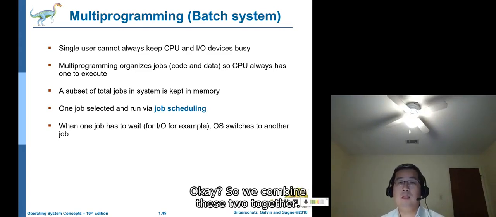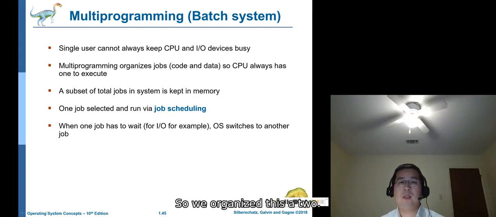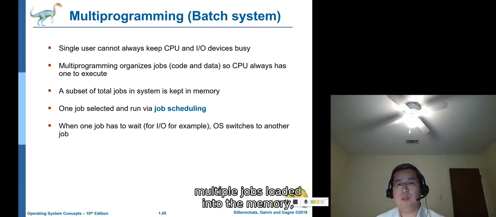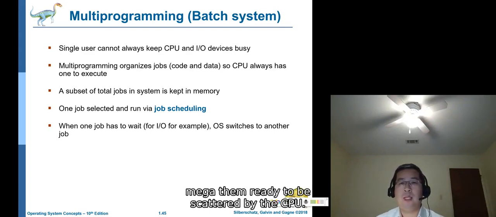Okay. So we combine these two together. So we organize these two. So the CPU always has one job to execute. That means you arrange multiple jobs loaded into the memory, make them ready to be scheduled by the CPU.